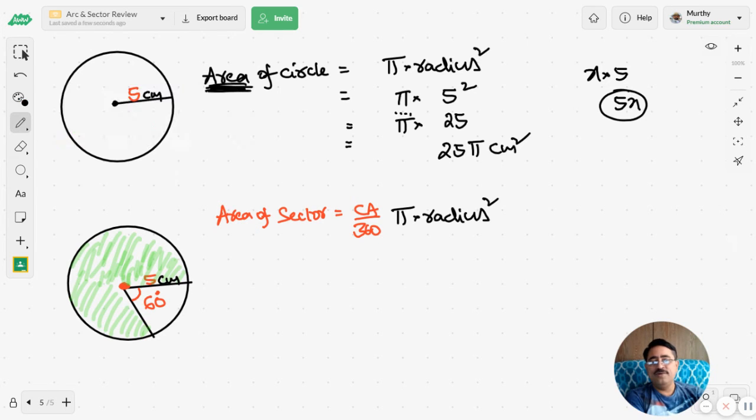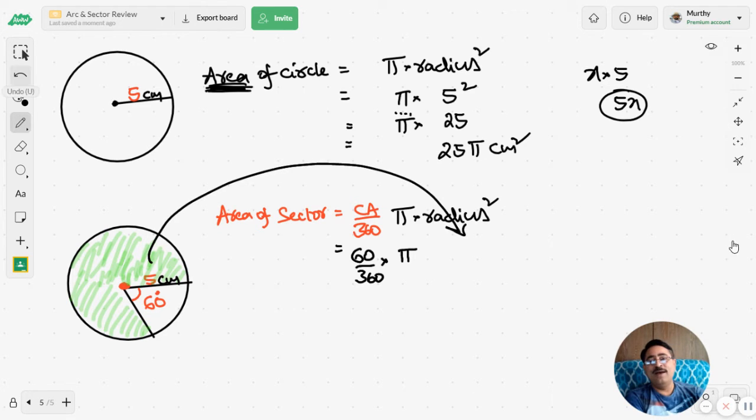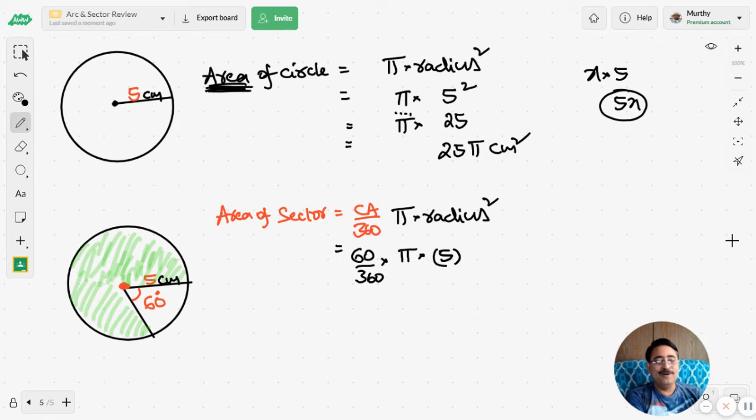Here I see that the central angle is 60 degrees. Therefore 60 over 360 times pi, let it be pi. What is the radius here? It is 5 square. Okay, now think for a moment.